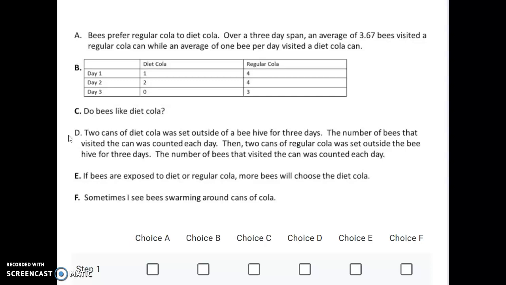The number of bees that visited the can was counted each day. Choice E. If bees are exposed to diet or regular cola, then more bees will choose the Diet Cola. And F. Sometimes I see bees swarming around cans of cola.